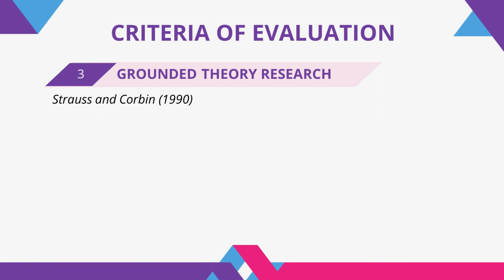Strauss and Corbin identify the criteria by which one judges the quality of a grounded theory study. They advance 7 criteria related to the general research process.